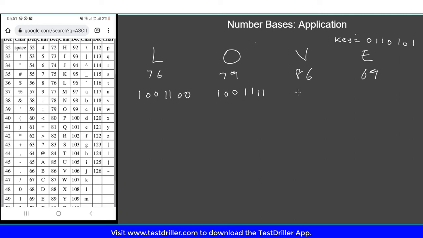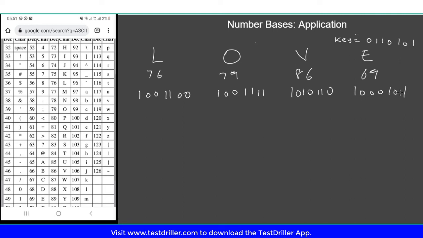Then 86 to base 2, which is letter V, will give 1010110. Then 69 in base 2 will give 1000101.